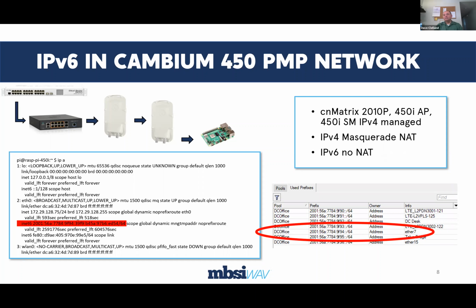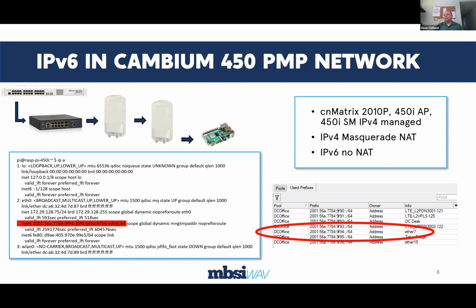And this is through a cnMatrix 2010P switch. So the switch is powering the 450 access point, and that is connected to that Ether 7 on my MikroTik router that I'm using for my lab functions.